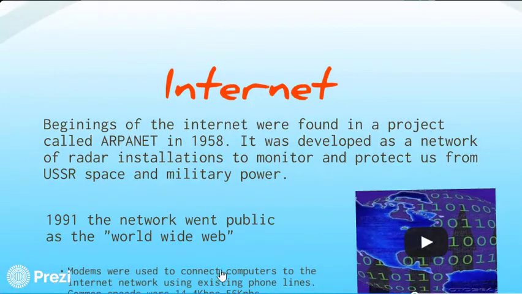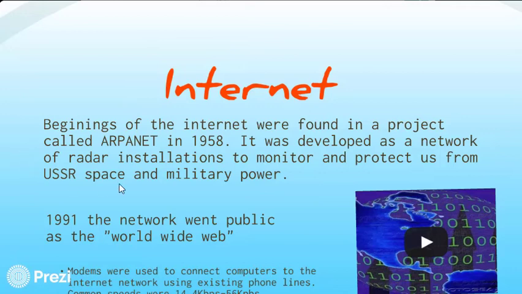So for the internet, the beginnings of the internet were founded in a project called ARPANET in 1958. It was developed as a network of radar installations to monitor and protect the US from USSR space and military power. In 1991, the network went public as the World Wide Web.